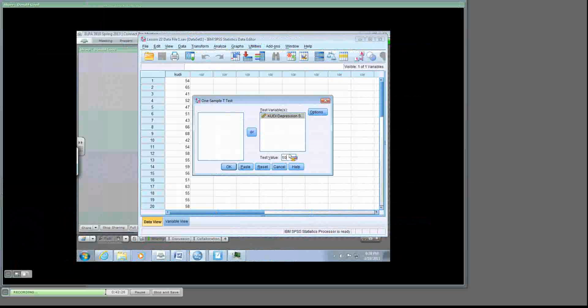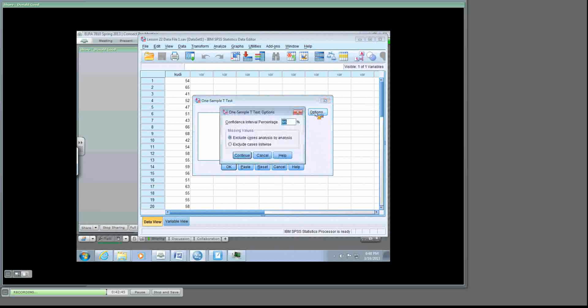Does it say what the alpha level is? If it doesn't say, it's 0.05. And I don't think it says so anywhere. So, if I go to my options, then I think I'm going to find the default confidence interval of 95%, which is what I want to use with an alpha level of 0.05.